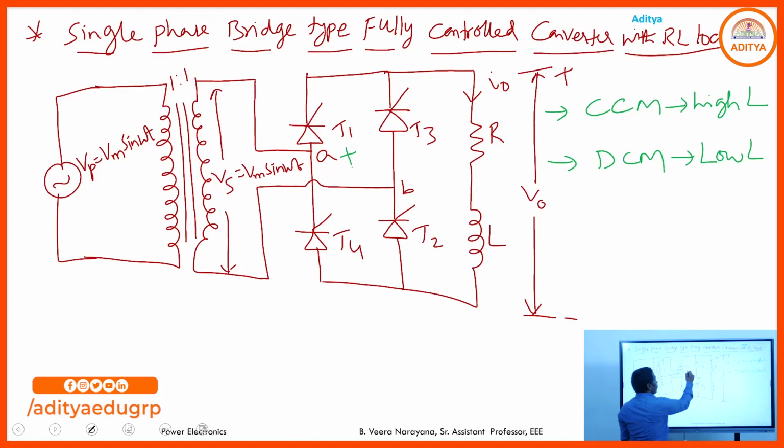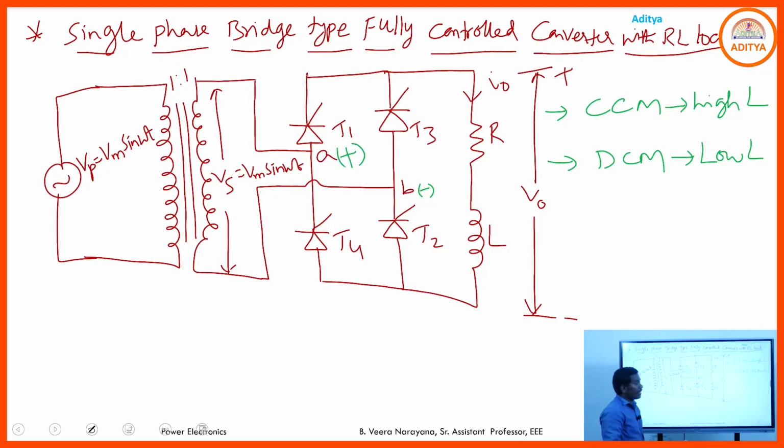Here the current flows through the circuit, with terminal A positive and terminal B negative during the positive half cycle of the supply. Correspondingly T1, T2 are in forward bias, and T3, T4 are in reverse bias. At omega t equal to alpha, we provide the gate pulse to T1, T2. So T1, T2 come to the on state and the voltage VAB is transmitted to the load.